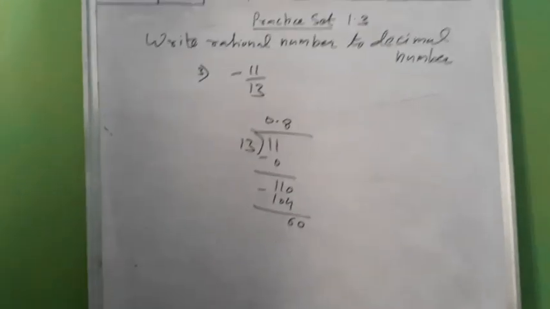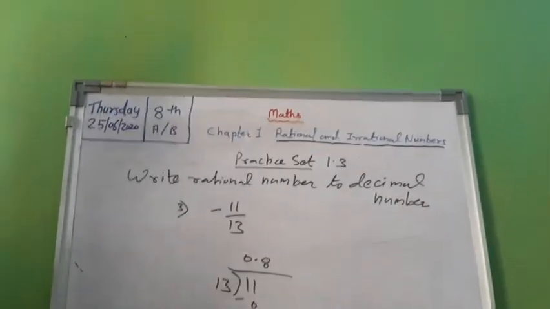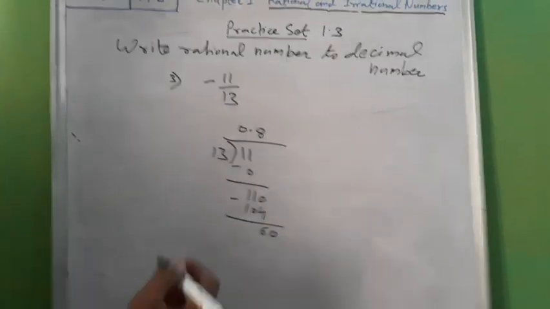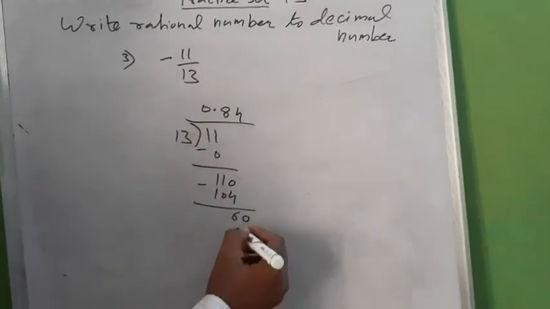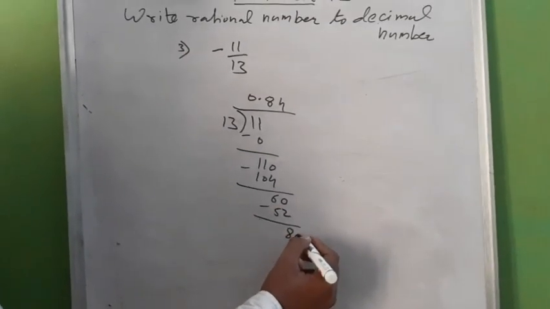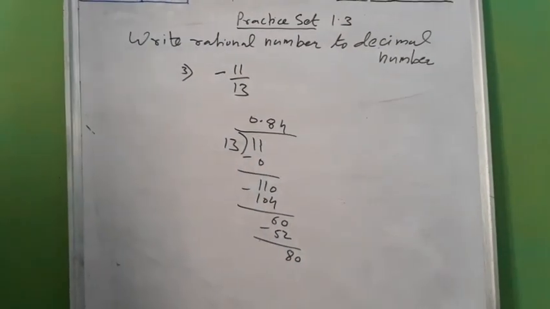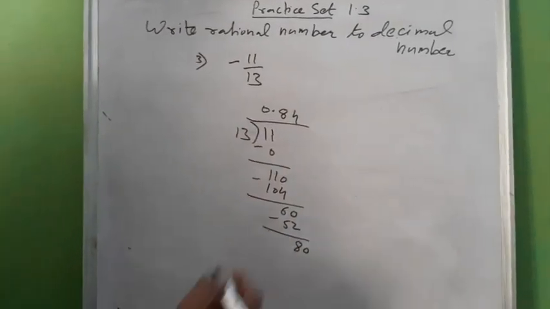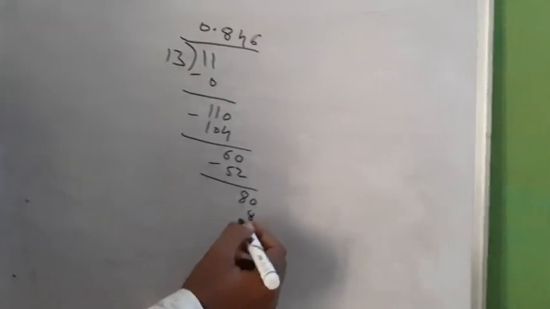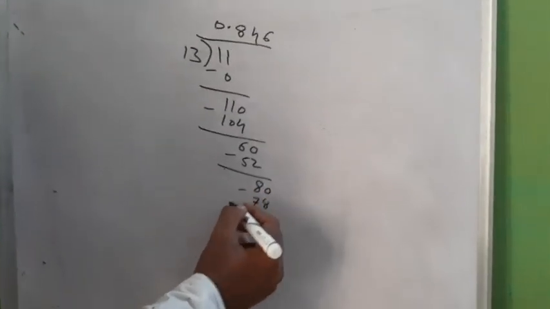Take 0. You can take many 0s, it doesn't matter. Now 13 4s are 52. Get 8 here. Then again 13 6s are 78.